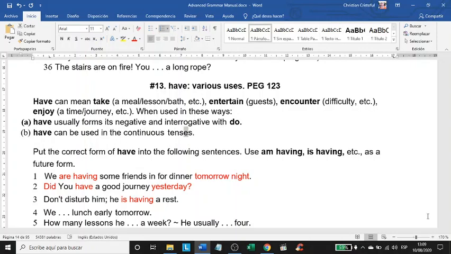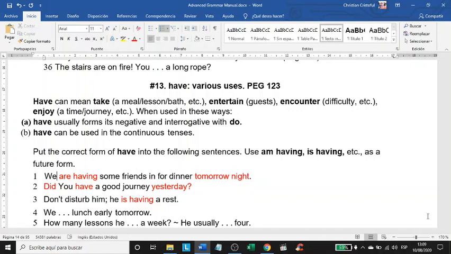When you use have in continuous tenses, normally it means future. Okay? It's present continuous, but it means future. For example, we're having some friends in for dinner tomorrow night. Because it says tomorrow night, then we know that it's future.